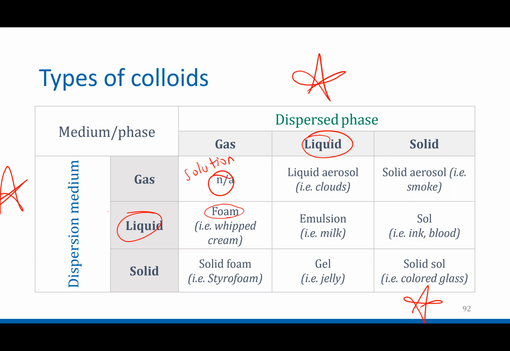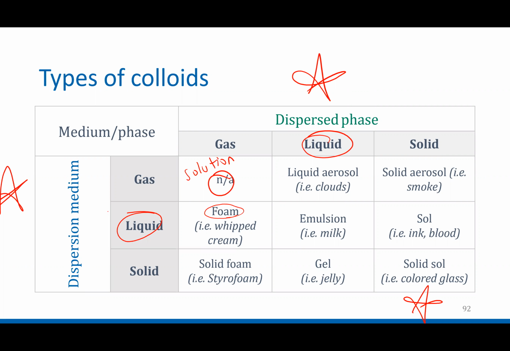If your liquids are both polar or both non-polar, we don't call it a colloid. We would call it miscible. So, a new word, miscible. Miscible means mixable. Immiscible means the chemicals do not mix and it's not a solution.